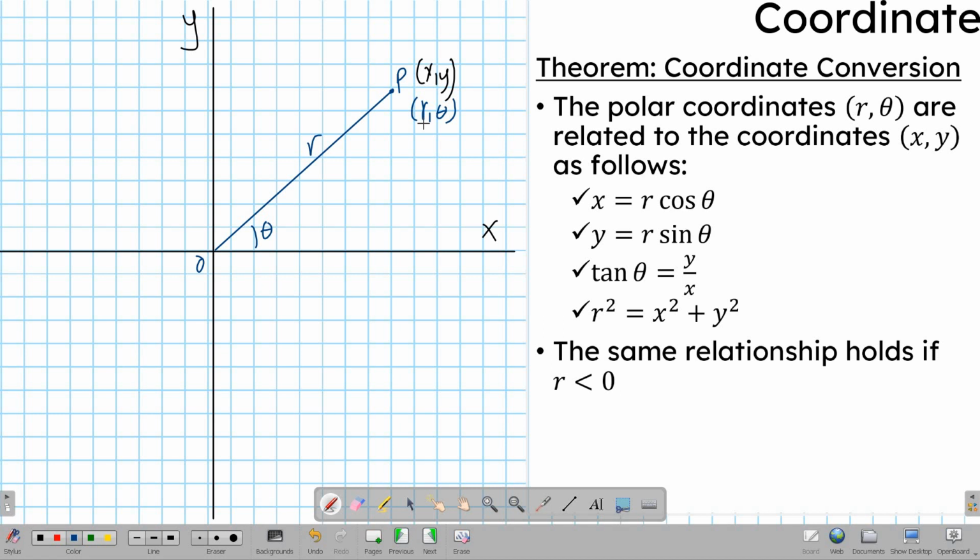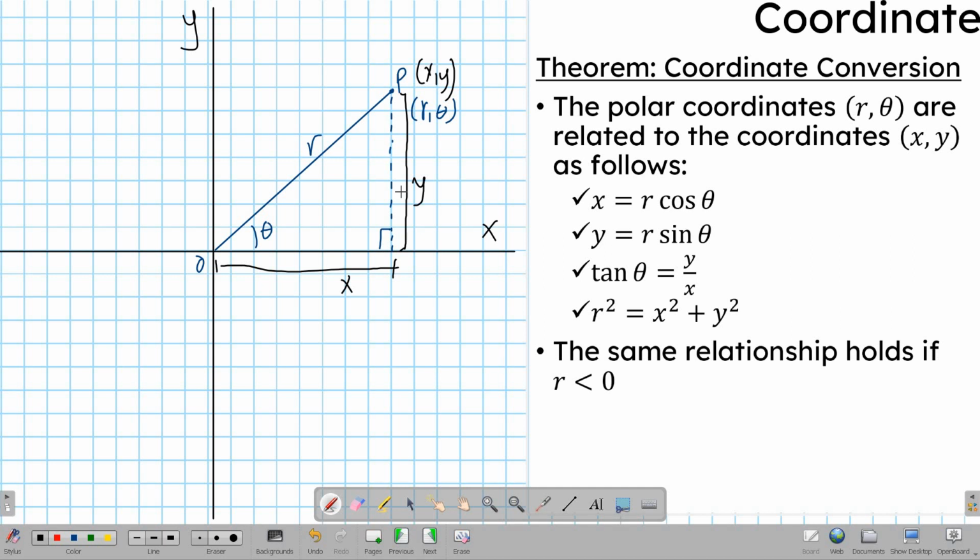This is actually a familiar figure, because once we draw a broken line here that is perpendicular to the x-axis, making a right angle, we have a right triangle. Since this is using the Cartesian coordinates, the length of this is obviously x, and the length of this is obviously y.